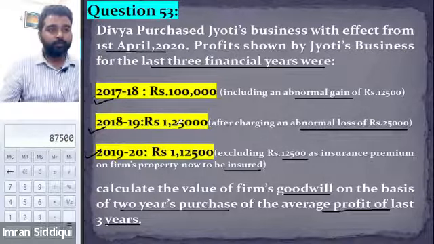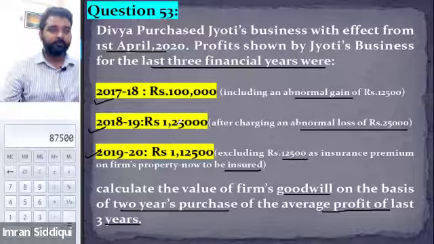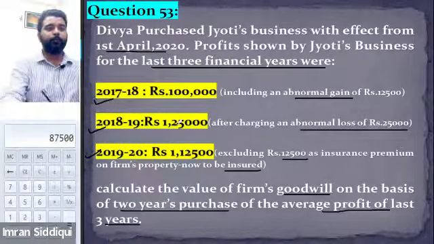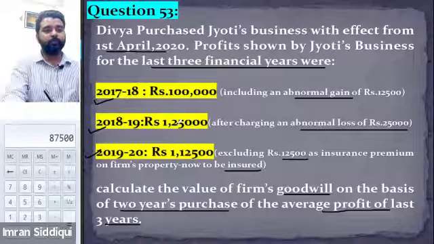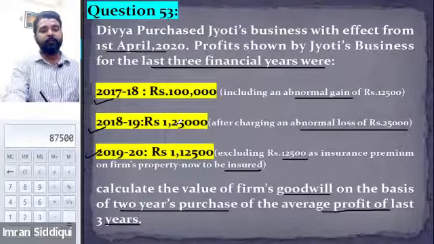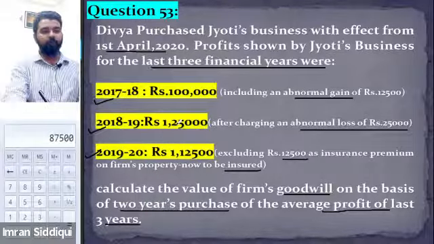Sir, we have to add it, correct? So 1,25,000 is the profit. That is calculated after subtracting the abnormal loss. But for finding out the normal profit, we will be adding the abnormal loss subtracted earlier.